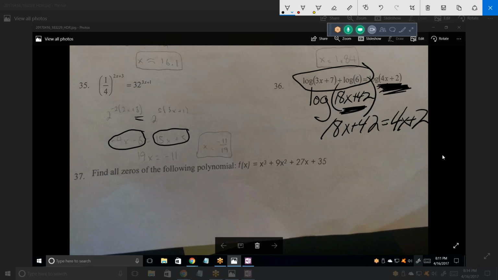One way to think about it is you're dividing both sides by log, even though that's not a great way to think about it because that's not really what you're doing. The log is not a multiplier here. That's strictly terminology. It's the log of that expression. And then if you solve that, you get 14x equals minus 40, x equals minus 20 over 7.